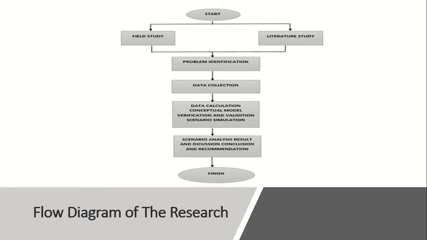This is our flow diagram of the research. So we start from the field study and literature review. After that, problem identification, data collection, and then data calculation and conceptualizing our model, and then we do verification and validation, scenario simulation.